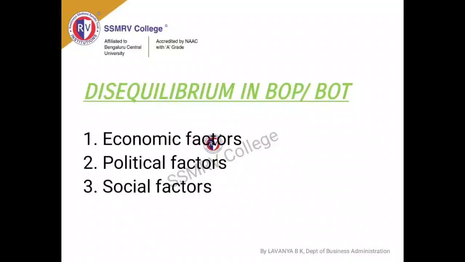And the third factor is social factors, that is changes in culture, cultural exchange, cultural shock, changes in taste and fashion. It's all about acceptance or the inhibitions that you have, whether you'll be accepted or not. Those things have their own share to contribute when the BOP goes away from the equilibrium state. So these are the major causes behind disequilibrium.